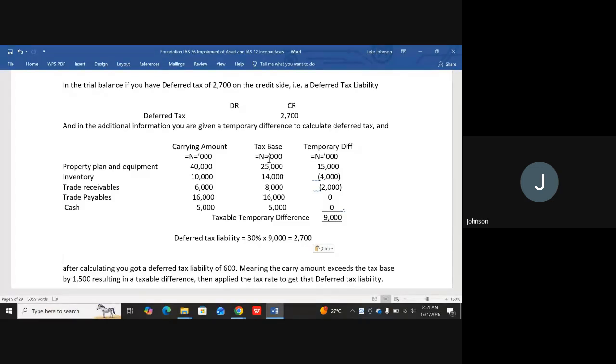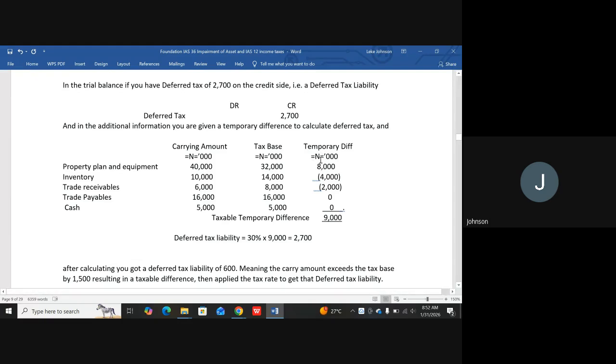So let's change this one to 32,000. When you take your 40,000 minus 32,000, you're going to have 8,000 here. So we come and put 8,000 here.